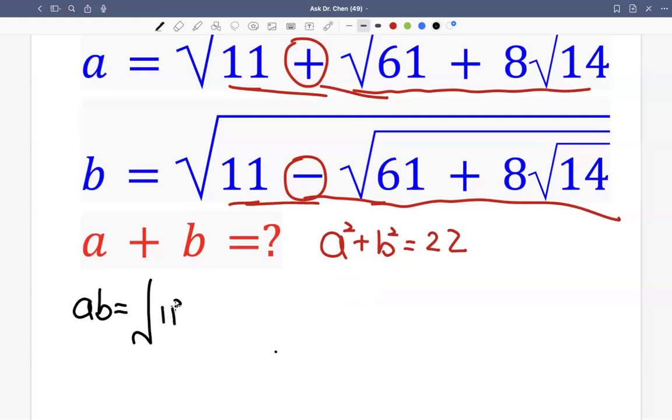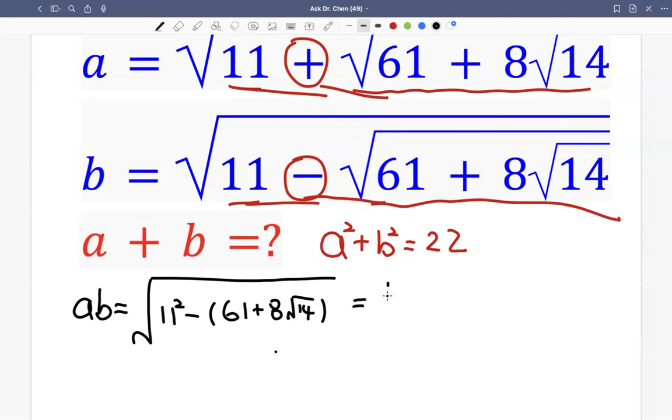So we get 11 squared minus this square root squared, which will give 61 plus 4 square root of 14, squared. The square root cancels this second layer of square root. So we get 11 squared minus 61 plus a radical 14.